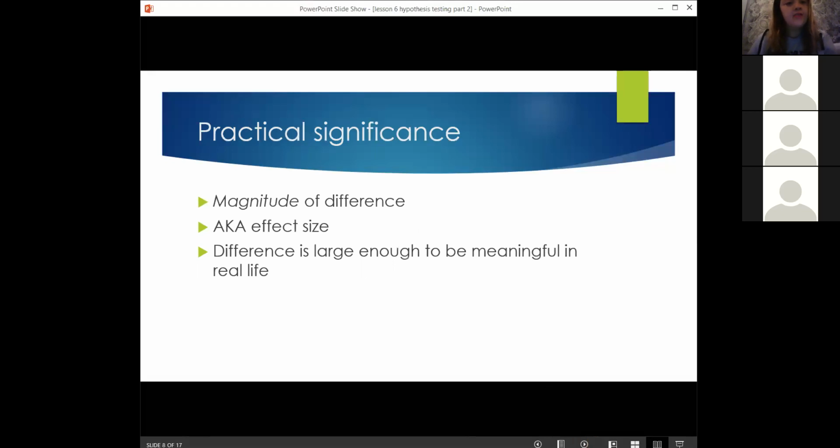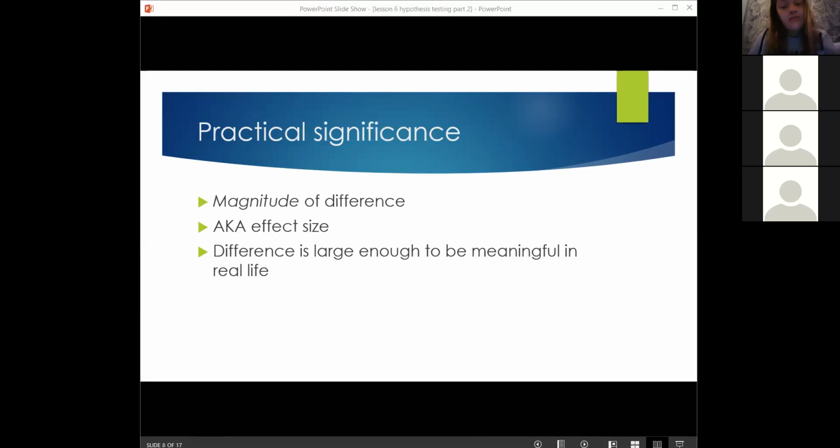And then practical significance is basically taking whatever we got. If we get statistical significance, we want to see, is this actually practically significant? Is this something that is significant in real life?